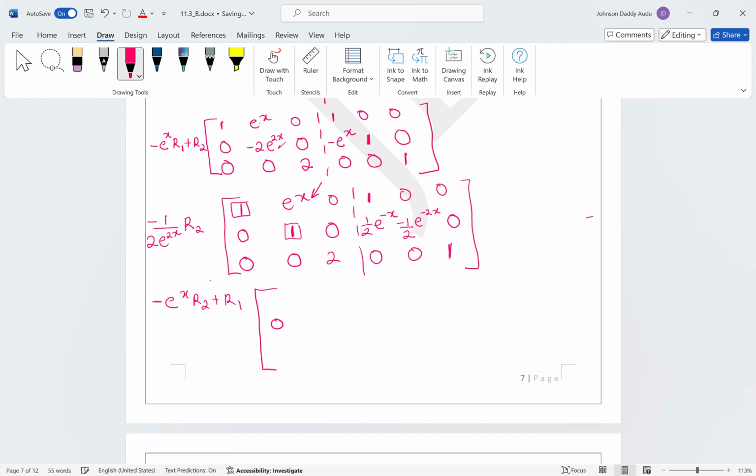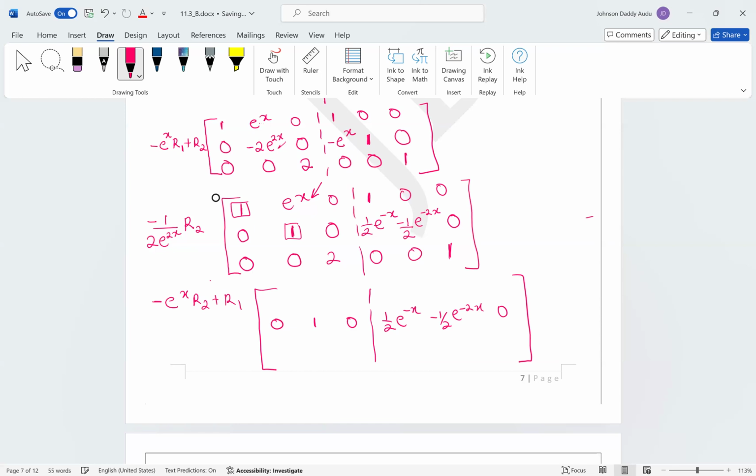So this one remains 0, 1, 0, half e to the power minus x, minus half e to the power minus 2x, 0. So if you do this, this will still be 1. This will be 0 now. This will still be 0.